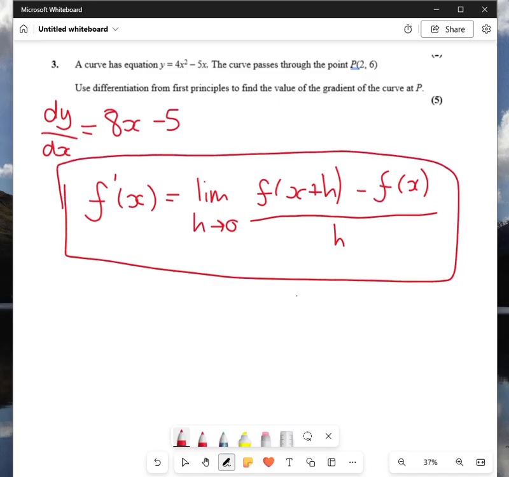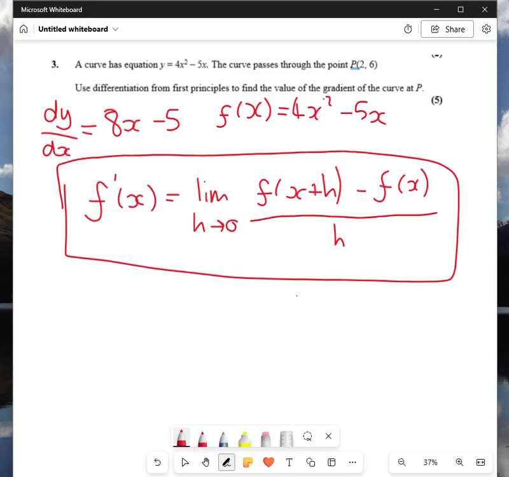So remember that f of x here is 4x squared minus 5x. So we do f of x plus h. Everywhere we've got an x, we now write x plus h.